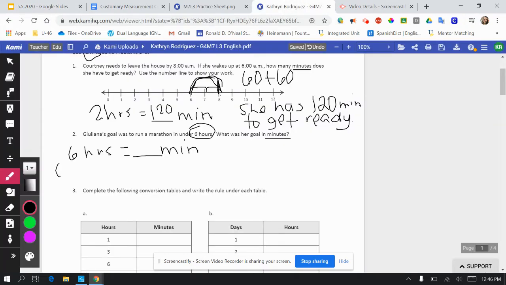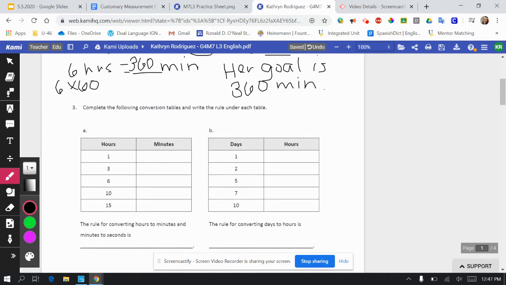So here I'm going to take 6 times 60, which will give me the number of minutes. 6 times 6 is 36, and then 6 times 60 is 360. So her goal is 360 minutes.